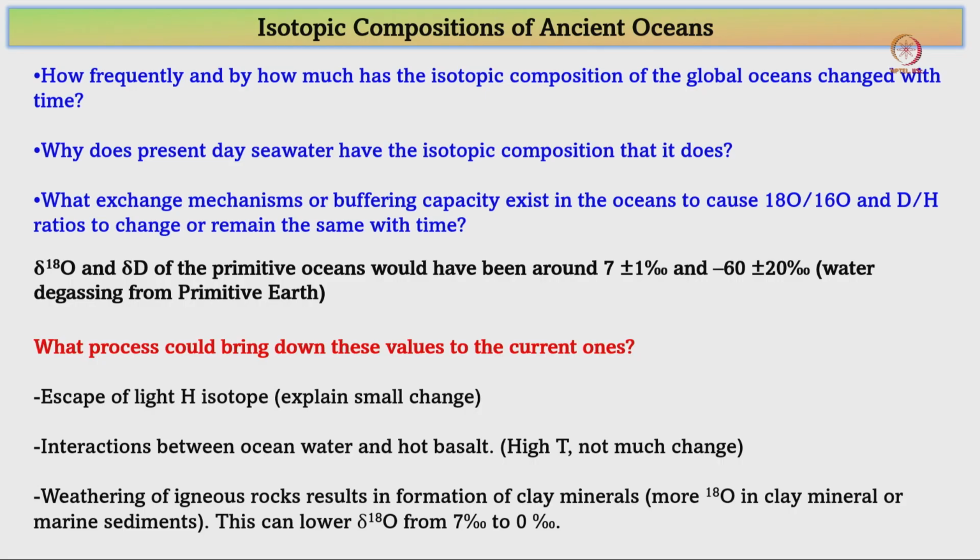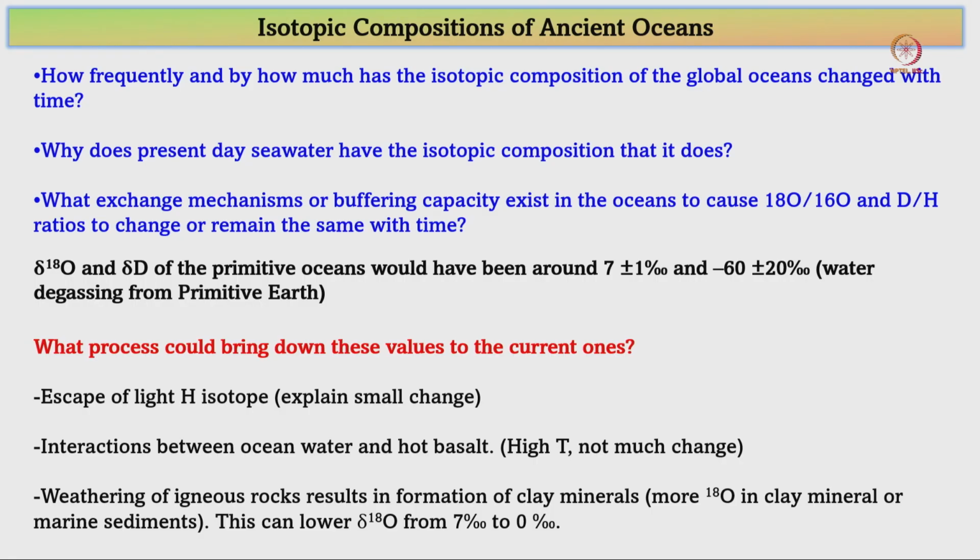Why does the present day sea water have the isotope composition that it does? That is our second most important question, that okay, if we know that in the past there has been difference, we expect that there is 0 parts per mil, but we see that there is either very negative values, minus 15 parts per mil, or some other data that we have got.